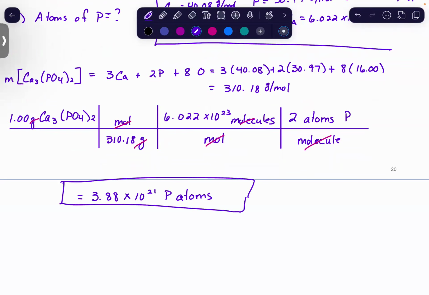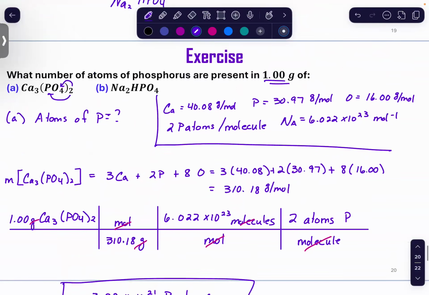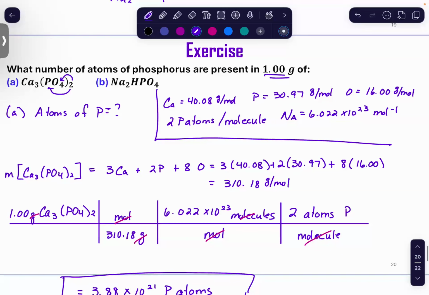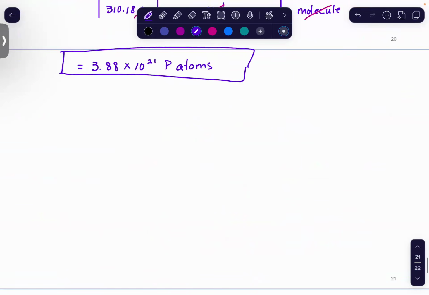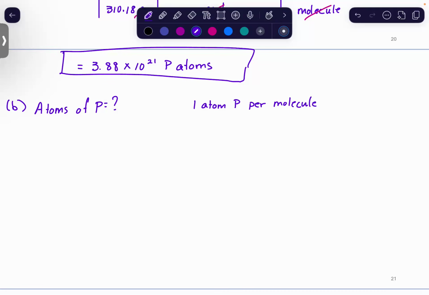All righty. And so then part B, how many atoms of phosphorus in sodium hydrogen phosphate? Okay, so let's again do the things that I know. So I know for this molecule, I have one atom of phosphorus per molecule.